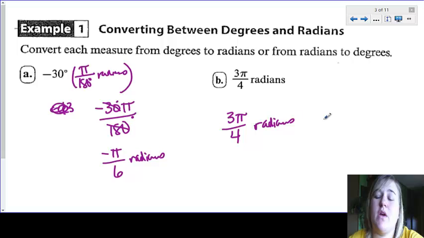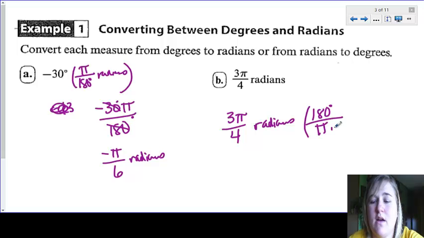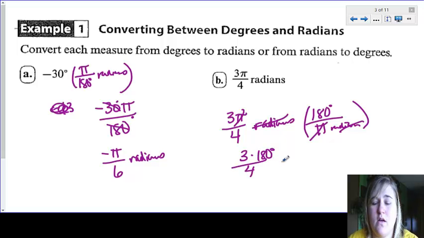To convert from radians to degrees, I'm going to put that 180 on top this time over my pi radians. Okay. So whenever I multiply here, I'm going to cancel pi with pi, radians with radians, and then I can just multiply across. So I have 3 times 180 degrees over that 4.